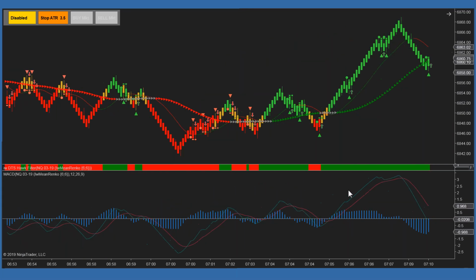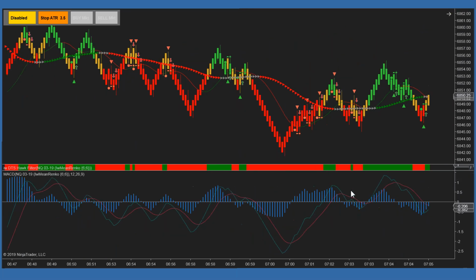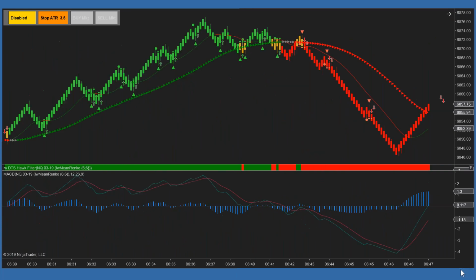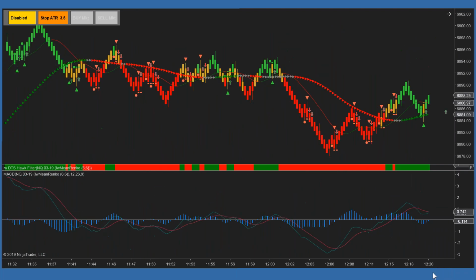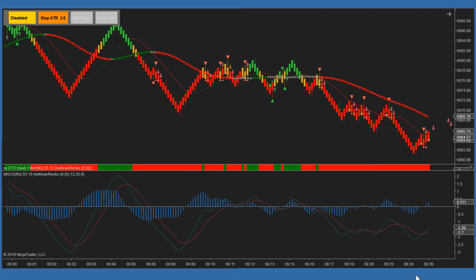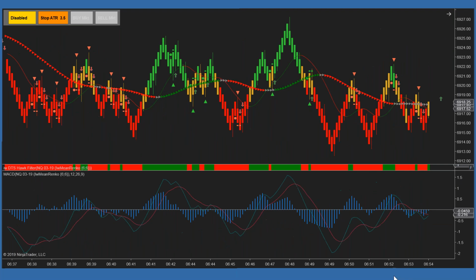So I don't know, maybe the MACD, let's go back here a little bit further. Okay, that's middle of the night. Let's go here to yesterday's session. Oh, serious chop going on. But once again, if the market is choppy, there's your extreme price on your MACD.